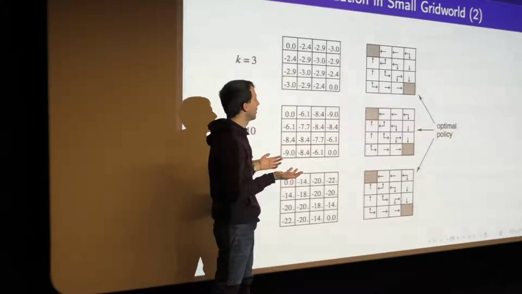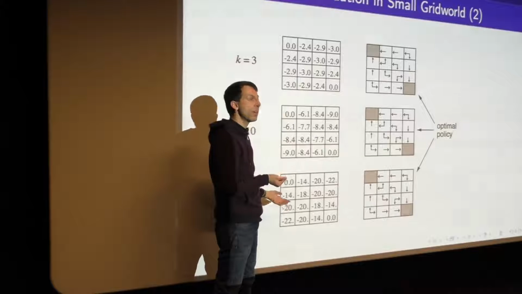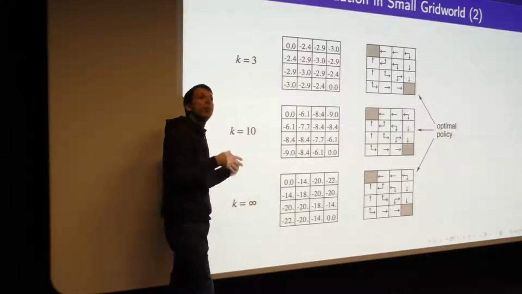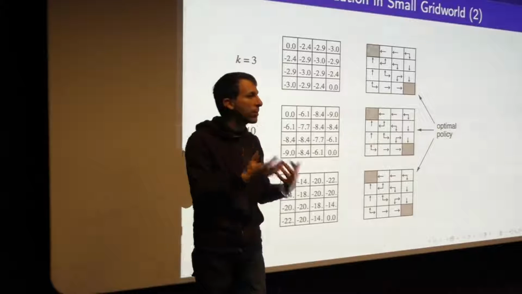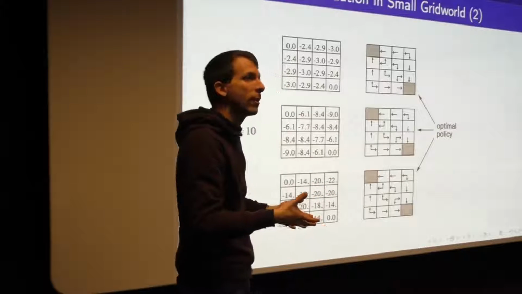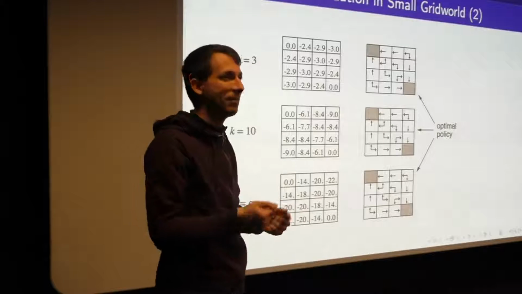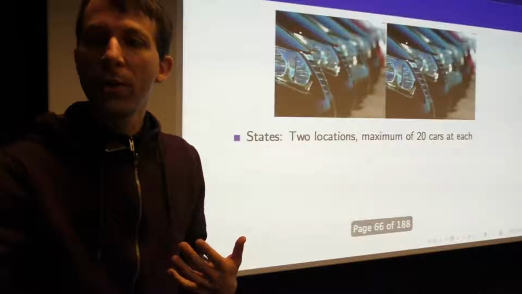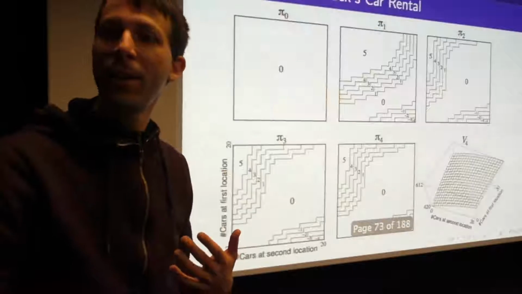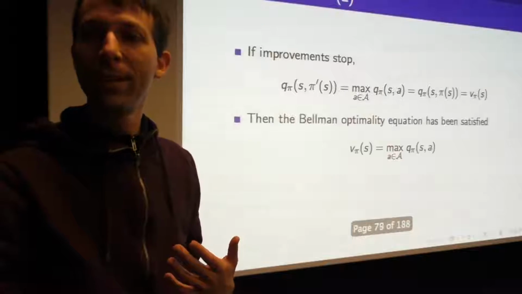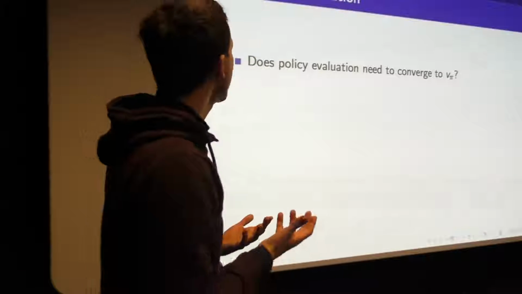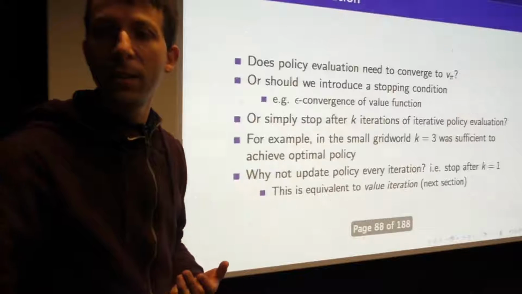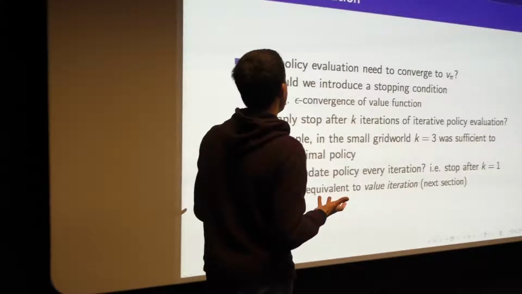And so the question is, do we have to take those steps, or can we truncate our evaluation process and use an approximate policy evaluation in our inner loop rather than an exact policy evaluation? Was that the question? Good. This approach is called modified policy iteration. It's a very uninformative name, but the basic idea is to stop early.